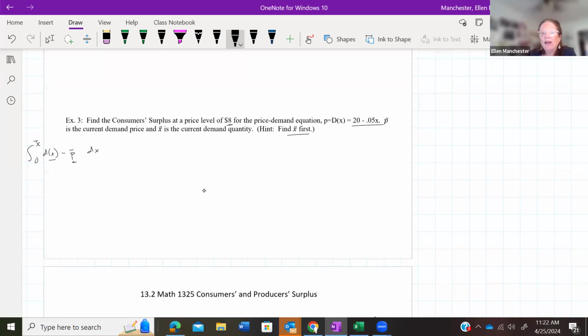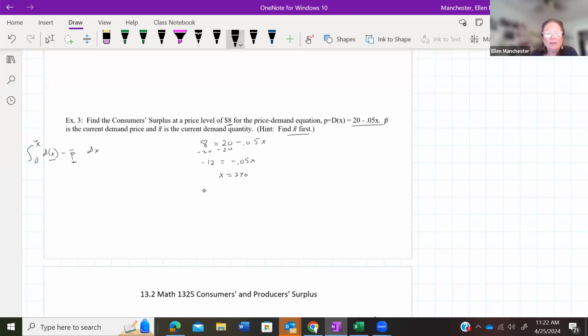So the way we do that is our demand function is our price, right? So we're going to go 8 equals 20 minus 0.05x. So we're going to solve for X. So 12 divided by 0.05 is 240.